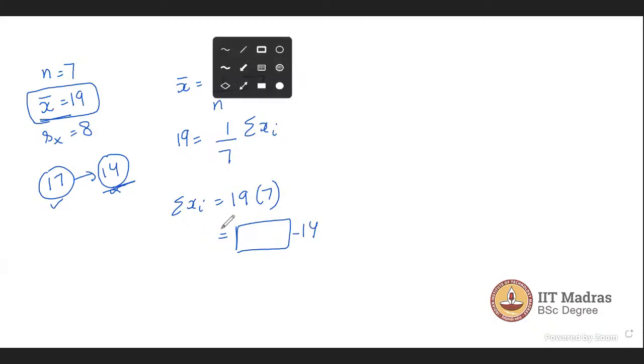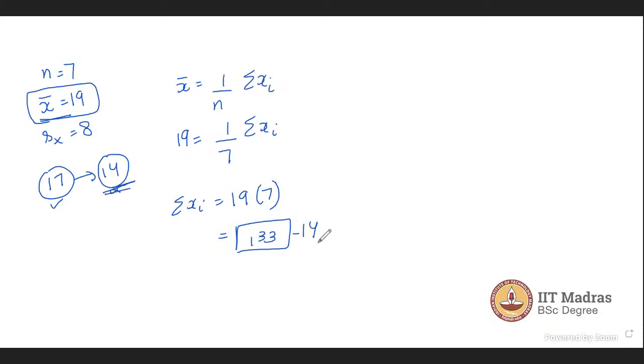14 is wrongly written, so I'm subtracting 14. The correct value is 17, so I add 17 to the total, because the total will be that if I remove the wrong one and add the correct one. So my new, corrected total is 136.